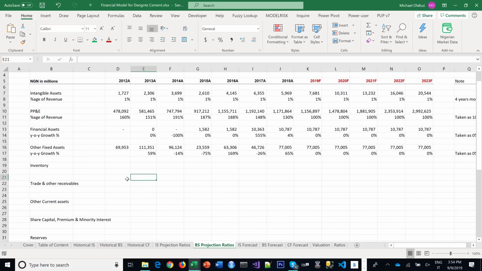Okay, for inventory, you will have to project it as days inventory outstanding. So typically, how many days does it take you in converting your inventory to sales?